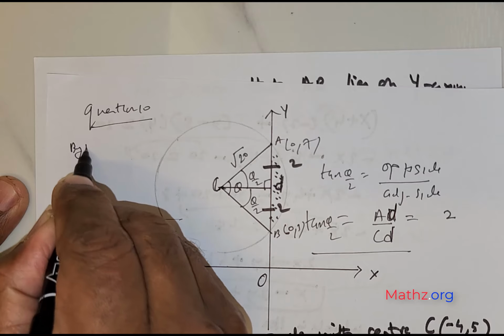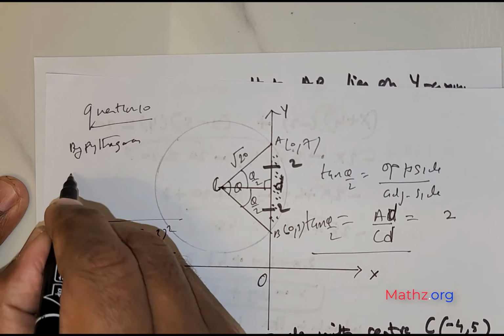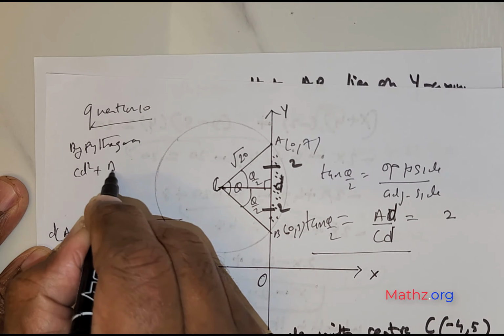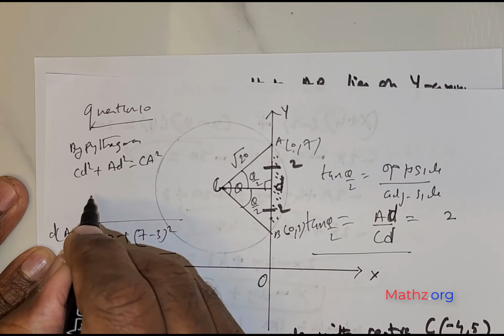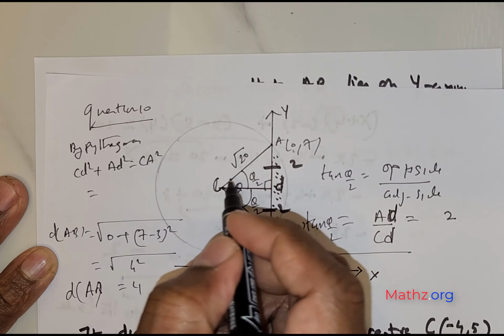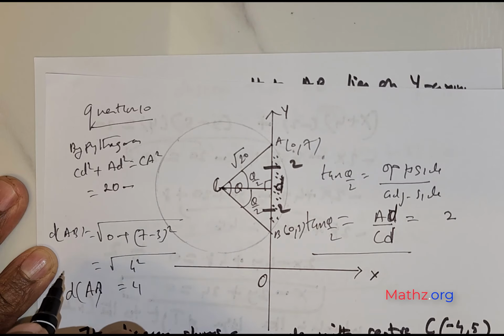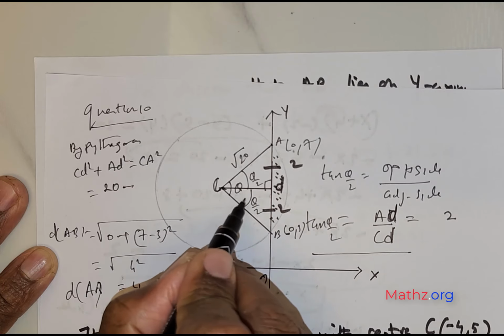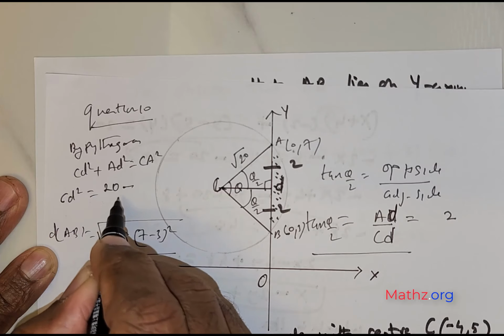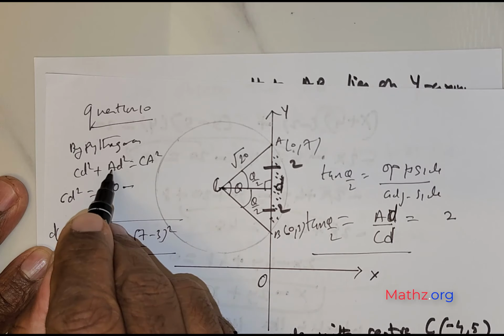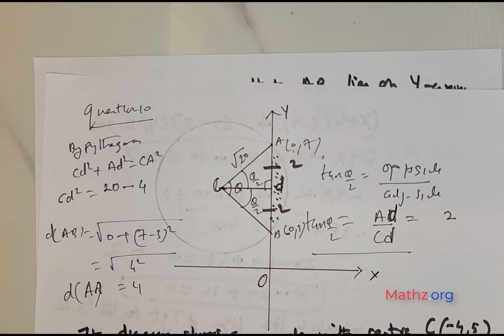So by Pythagoras, what do we have? We got CD squared plus AD squared is equal to CA squared. But CA squared is 20. From 20 we need this part, which is CD squared. So CD squared is equal to 20, this goes to the other side, so negative, 2 squared will become 4.